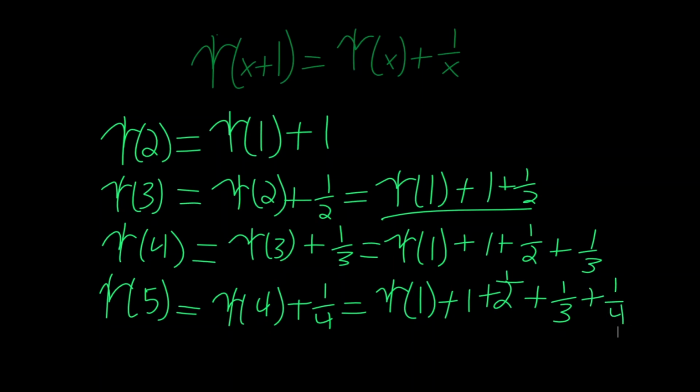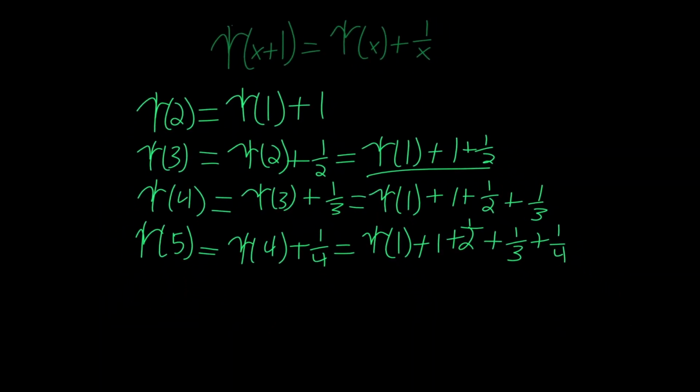And the pattern here is very clear. These right here are just the harmonic numbers. This right here is going to be the x minus 1 harmonic number. So if we have 2, the first harmonic number is just 1, right?